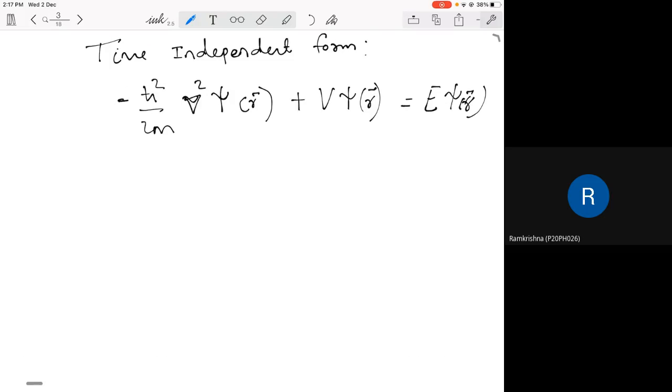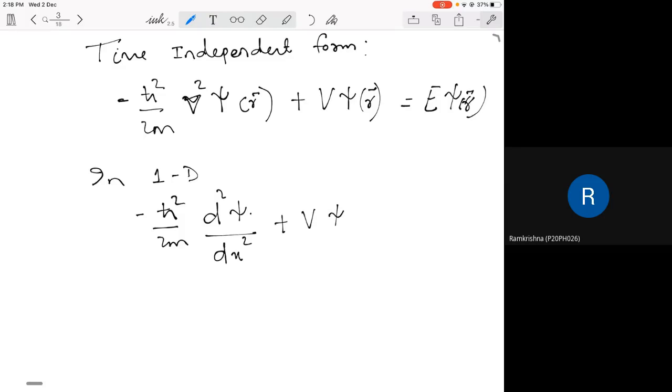Before we go here, how do I write it down in one dimension? In one dimension, this differential equation will be quite simple: d square psi by dx square plus V into psi. Since it is one dimension, I can write it as a function of x, so psi of x.